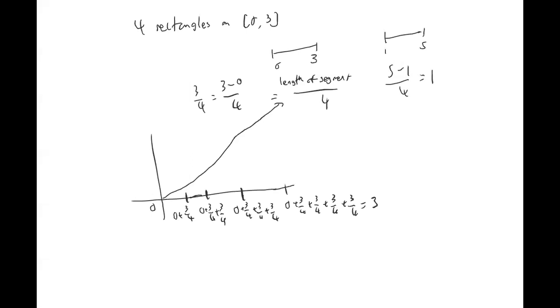If everyone is good, the next step would be using n rectangles, right? So let's do right approximation. Let's do a general a and b, yeah? And I want right approximation, but let's figure out the width now. Let's just say the function looks like this, who knows, right? And then let's say a is here, b is here.